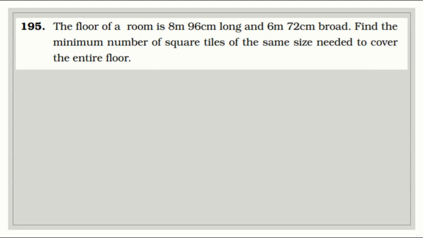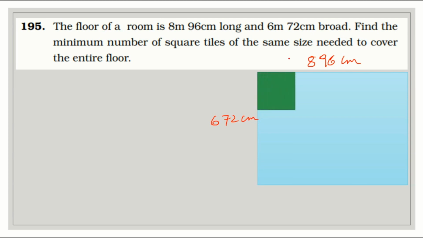Students, in the given question, we are given a room of 896 centimeter length, 672 centimeter breadth, and we are covering it with tiles. You already found the HCF of 896 and 672, which gives you 224.